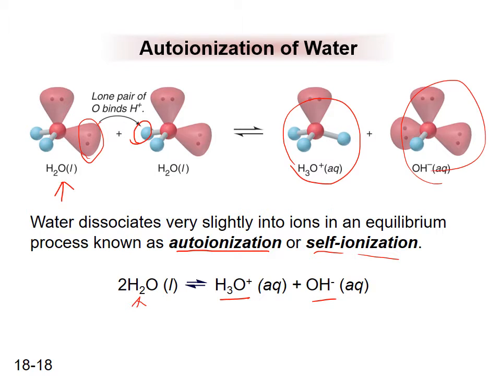This reaction takes place in all water-containing solutions, even in pure water. Although the extent of this reaction is extremely small, only a very tiny amount of water ionizes to form hydronium ion and hydroxide, this reaction plays an important role in controlling the acidity of an aqueous solution.